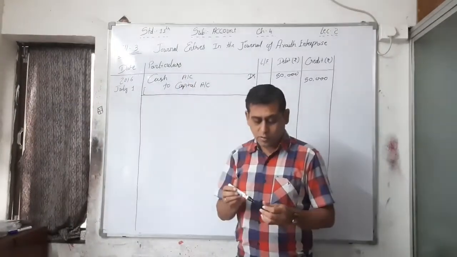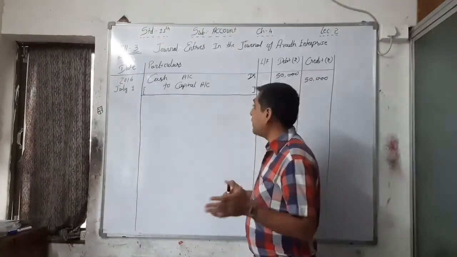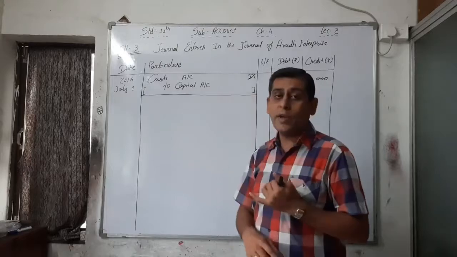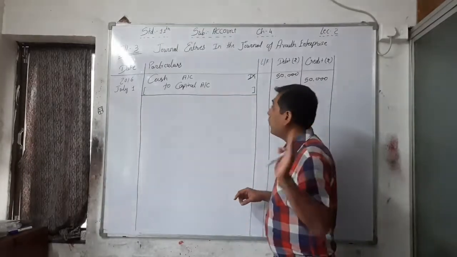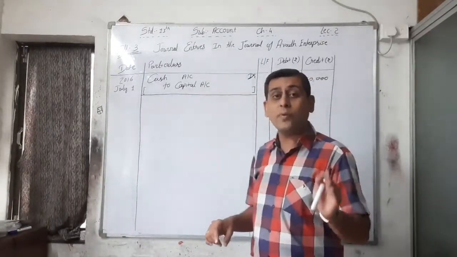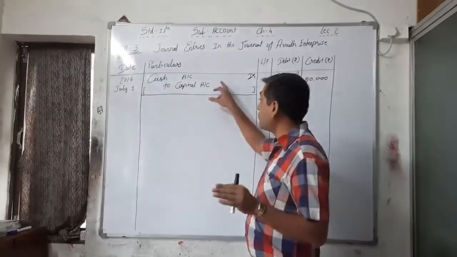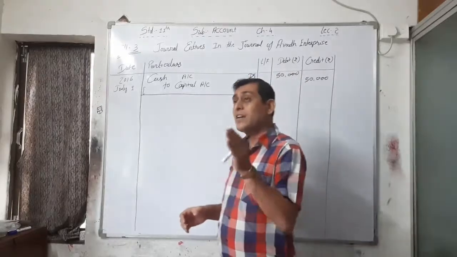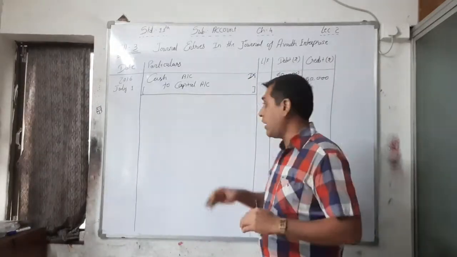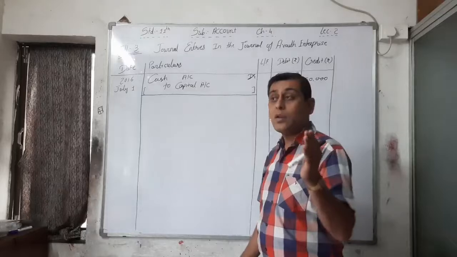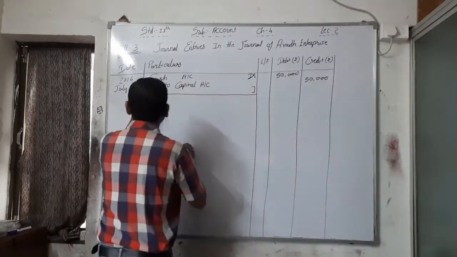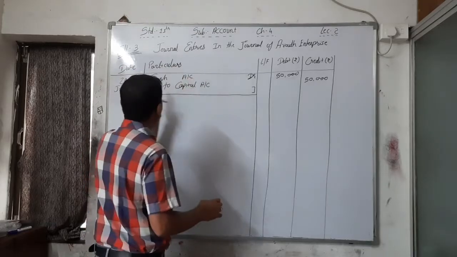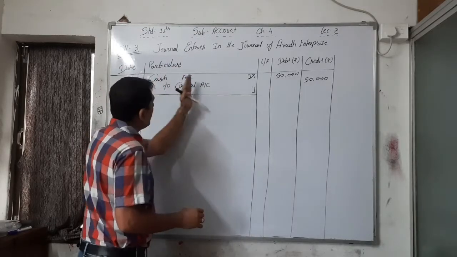See here, if you forget the rules: always write the debit affected account first, cash account debited, and whatever account is credited, we write second, that is capital account, but we have to leave some space before writing the capital account.